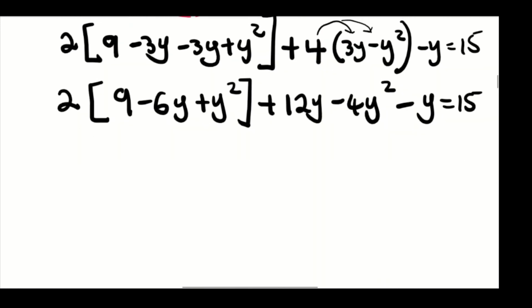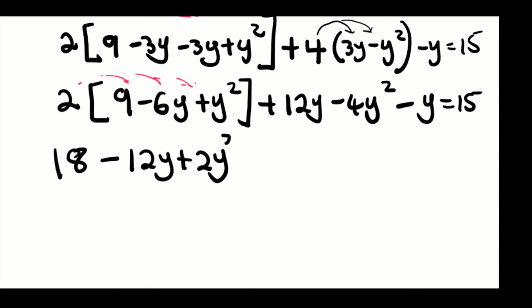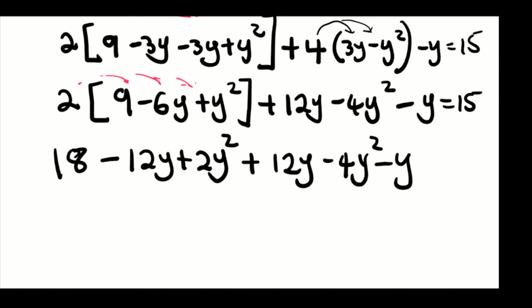Then the 2 will multiply everything inside the bracket, and we will have 18 minus 12y plus 2y squared plus 12y minus 4y squared minus y, and then let's take this 15 to the other side, so it's minus 15 equals to 0.